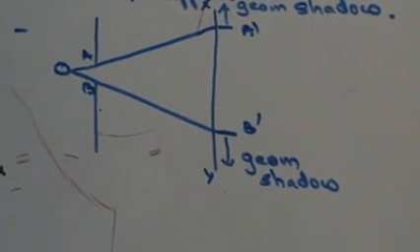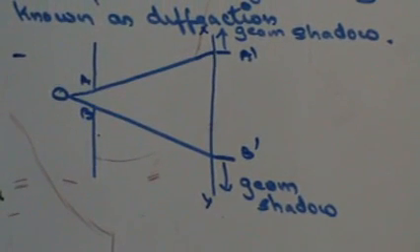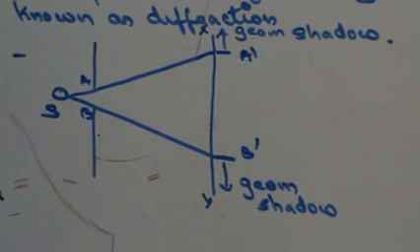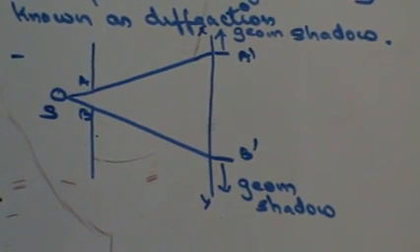Now, because of the phenomenon of bending, suppose a narrow slit AB is placed in front of a source of light S, right? Then A bar B bar is the illuminated part of the screen. A bar X and B bar Y are the geometrical shadow.